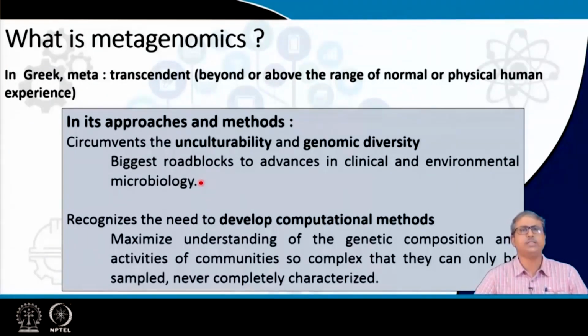So, the development of the computational methods helps to improve our understanding of the genetic composition and the activities of the communities, and they are so complex that they can only be sampled, never completely characterized, because we cannot have the absolute value of what the 100% of that community actually is.